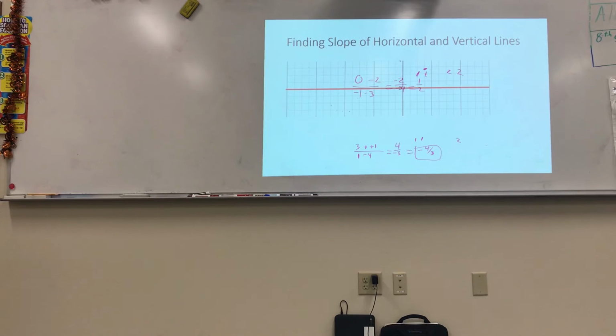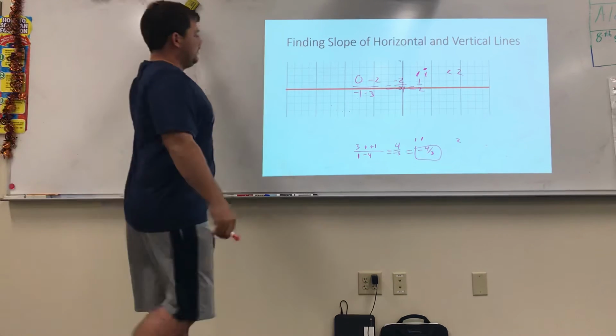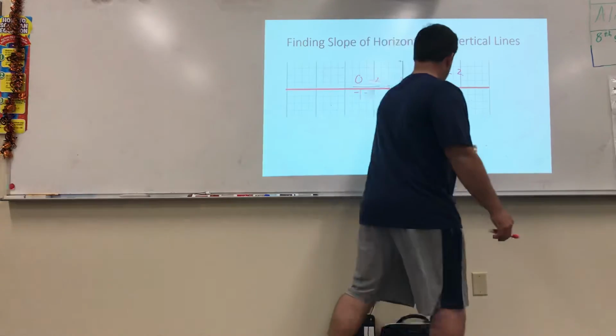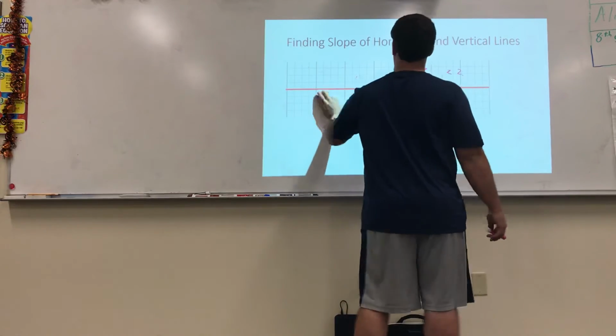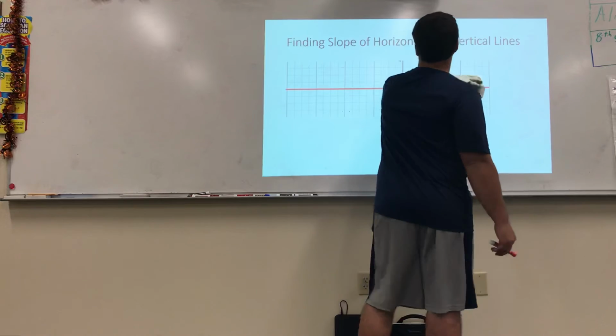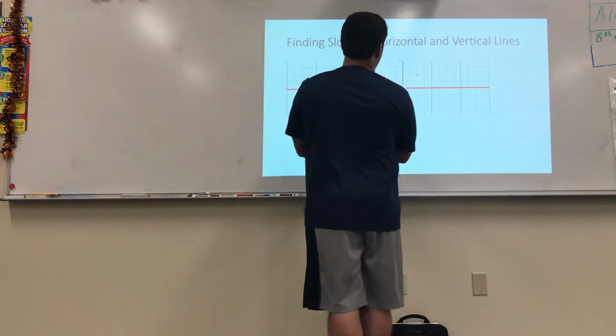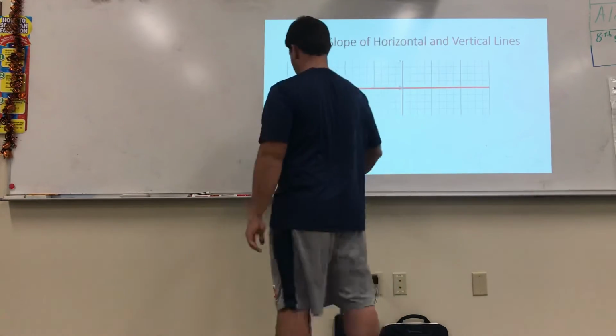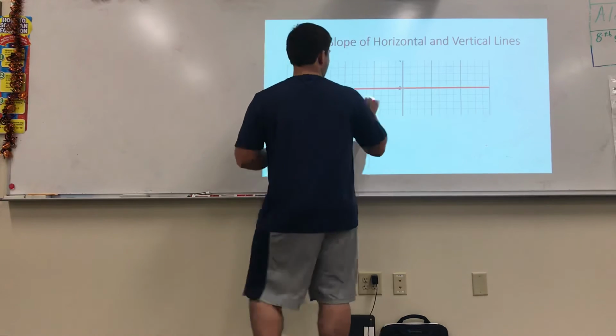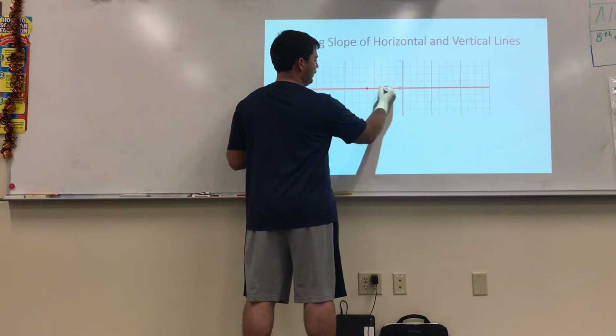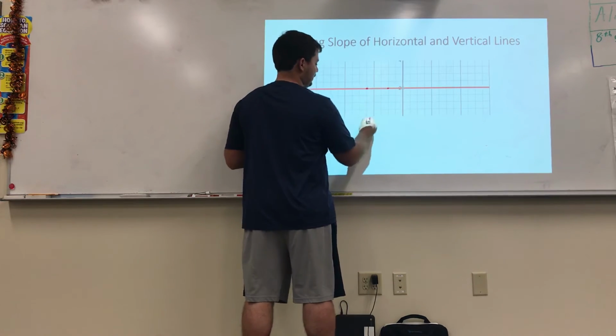Okay. Now, finding the slope of a horizontal and vertical line. The slope of this one is a horizontal line. To find my rise over my run, I have 2 points here. Did I go up any? No. Did I go left any?